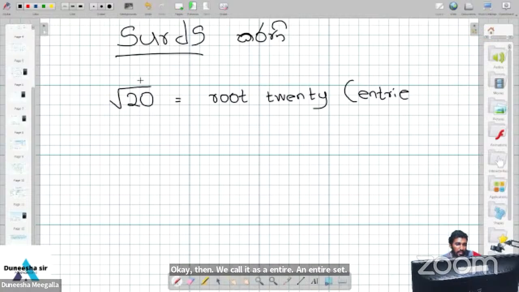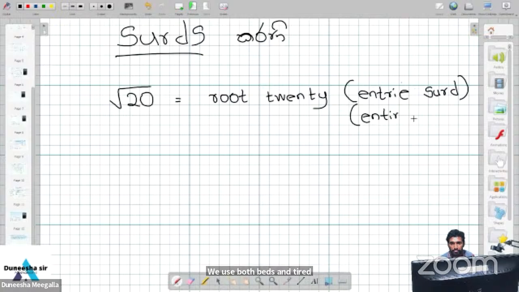Entire surd or entire root. We use both words, entire.